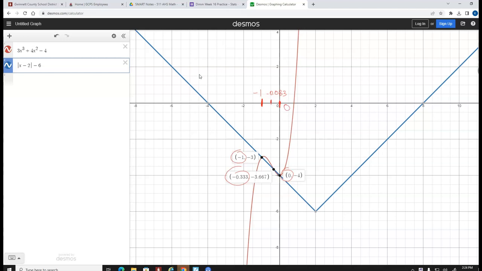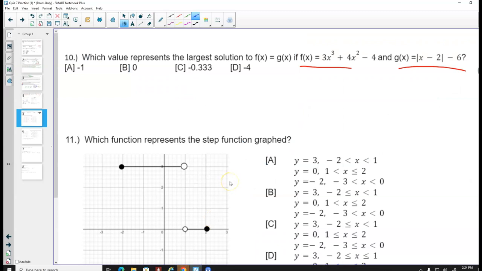So of course, looking left to right, I'm sure you got an idea that the largest solution here is 0. Out of all 3, -1 is the smallest, negative 0.33 is the middle, and 0 is the largest solution on the x-axis out of those two functions. So going back, the answer is B.